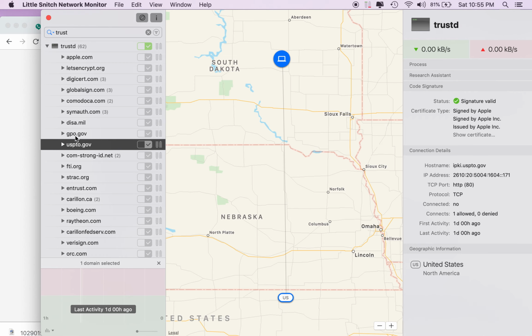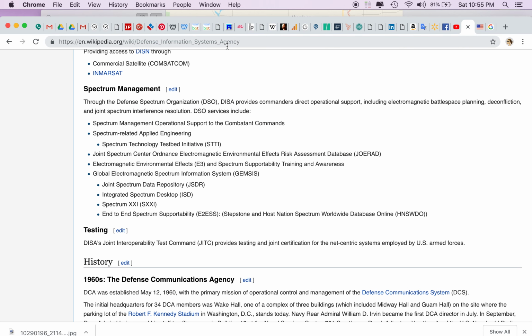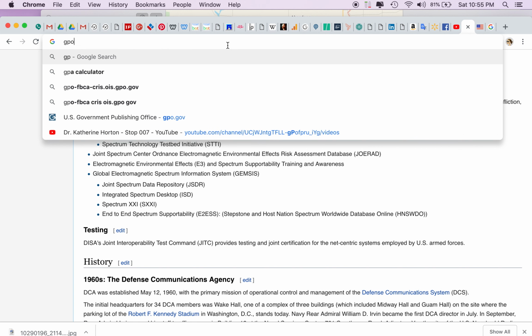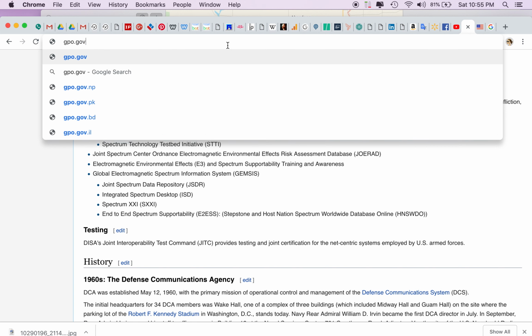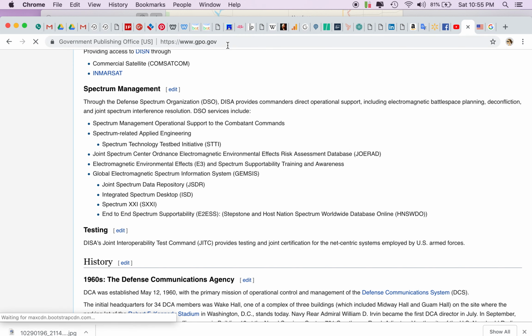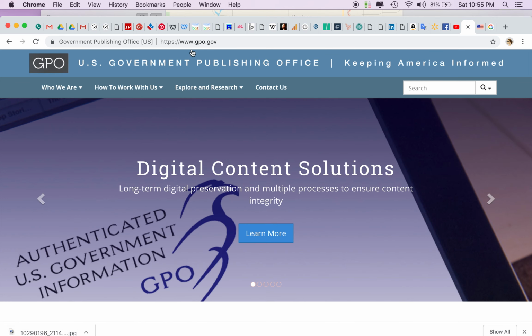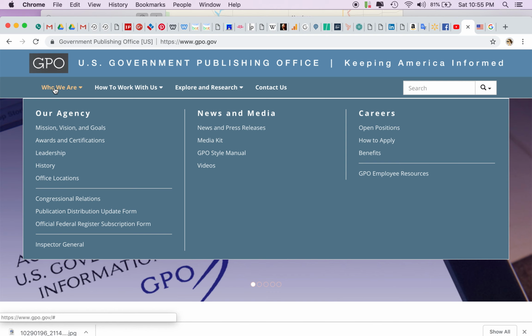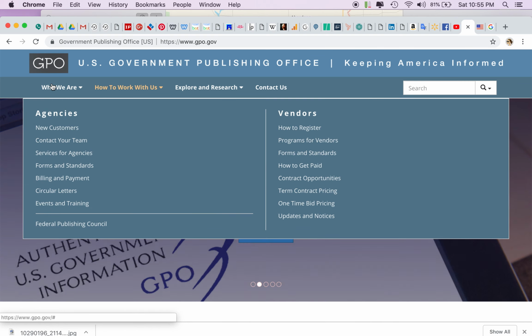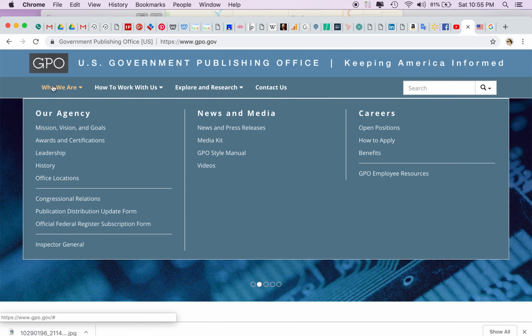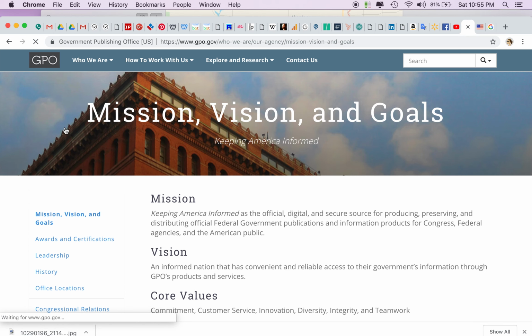So then we'll go into gpo.gov, and gpo.gov is the Government Publishing Office and how to work with us, who we are. Let's see what their mission, vision, and goals are. Okay.